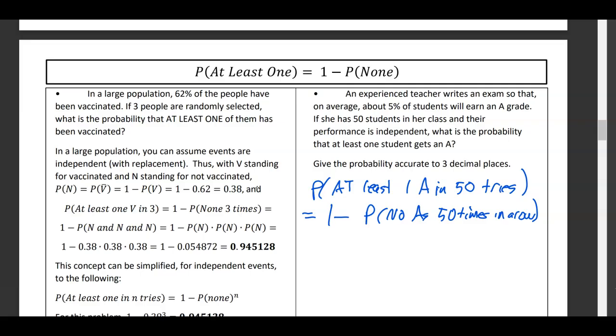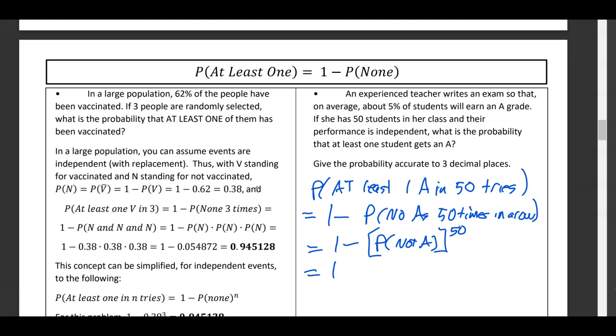So no A's 50 times in a row is no A, and the next one, no A, and the next one, no A, and so on. So this 50 times in a row is a series of and probabilities. And probabilities you multiply. So this would be 1 minus the probability of not A to the 50th power, because they're going to be multiplied together, 50 of them.